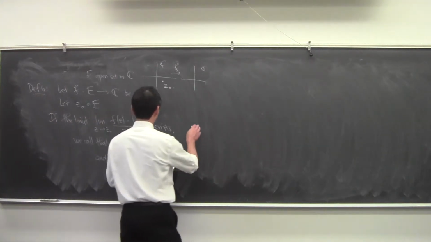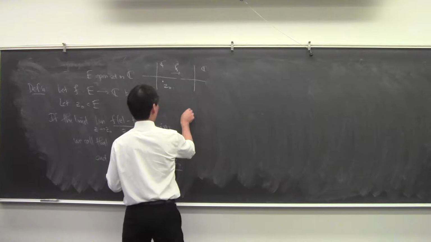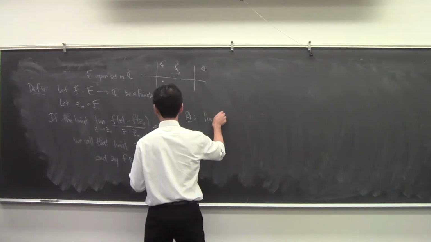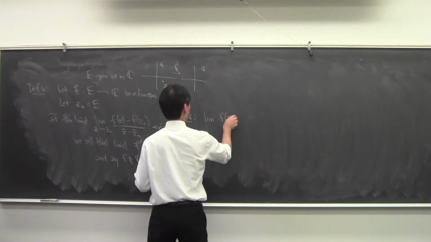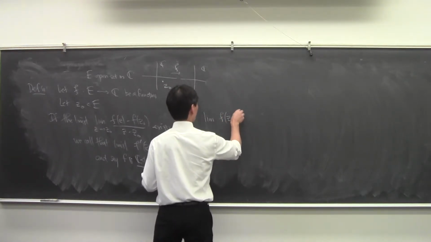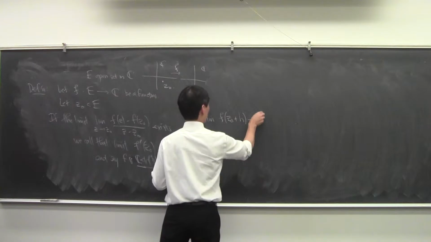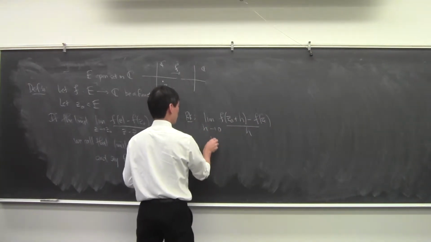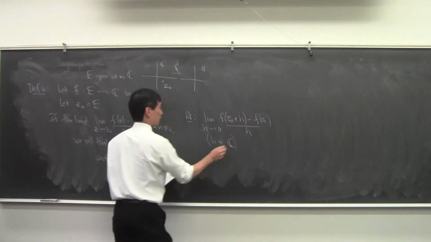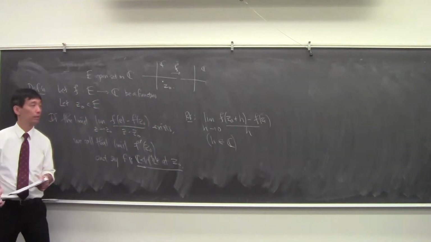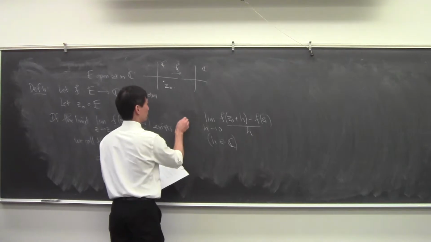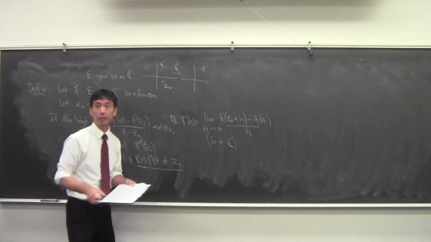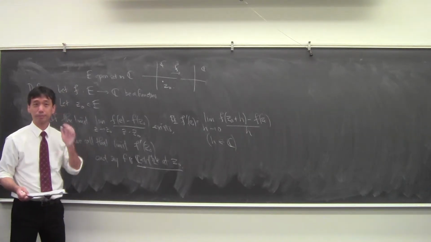Remark that we could also define it as the limit of f of z naught plus h minus f of z naught over h as h approaches 0, where h is a complex number. Okay, we can also define it that way.